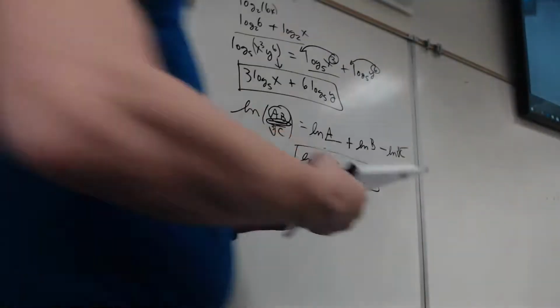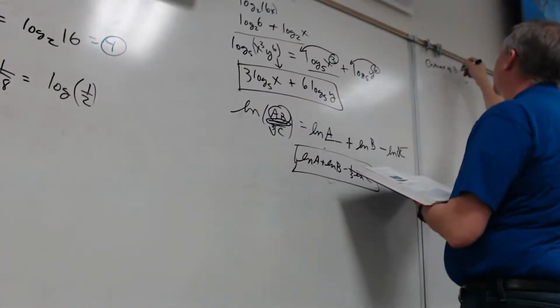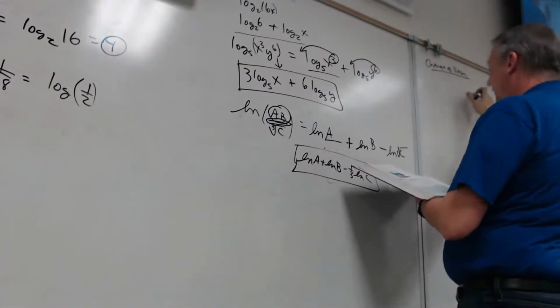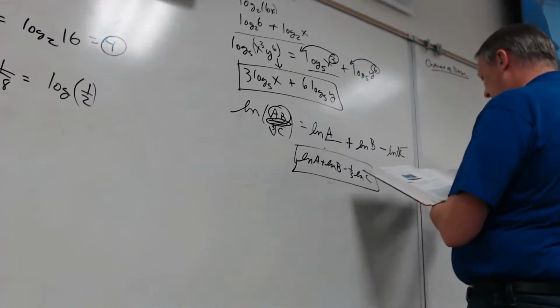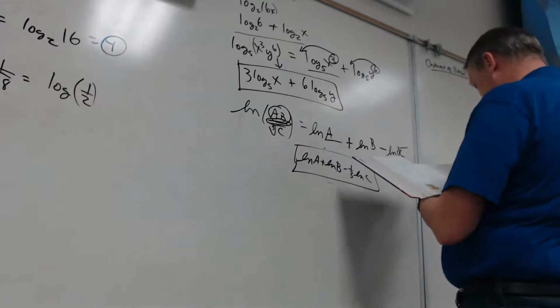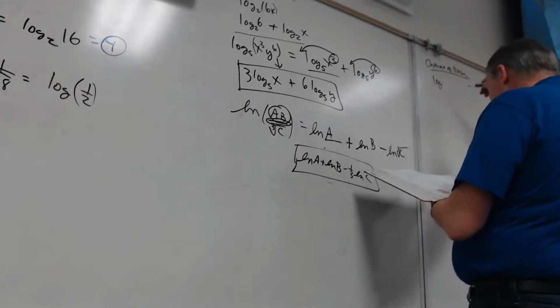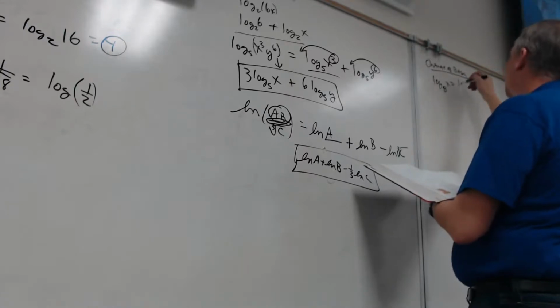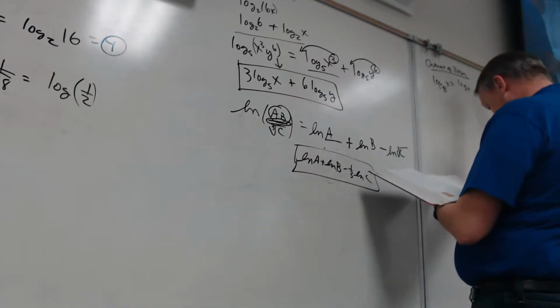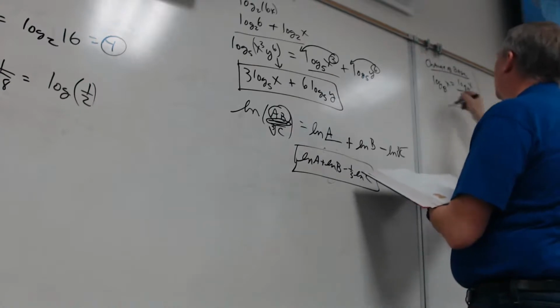Okay? And then we'll be done. Change of base. Okay, the idea here is with the change of base formula, you can change any logarithm from one base to another with this formula. Log base B of x equals log base A of x divided by log base A of B. Okay?